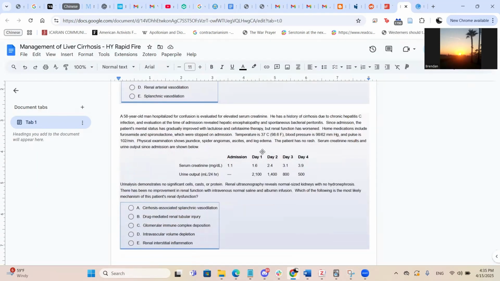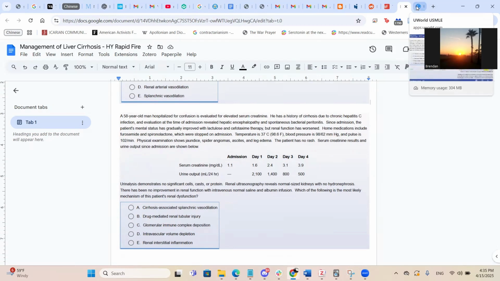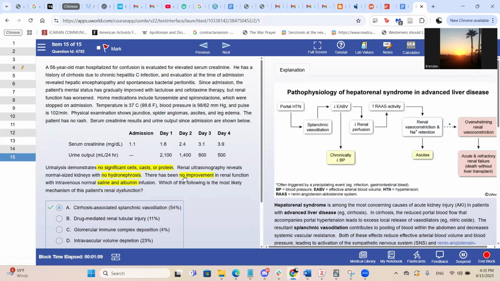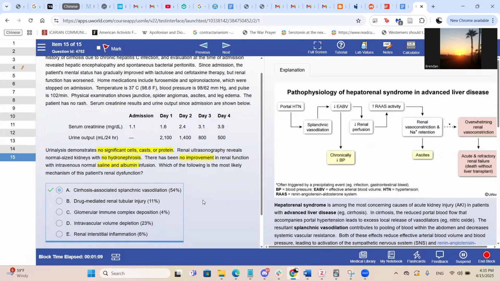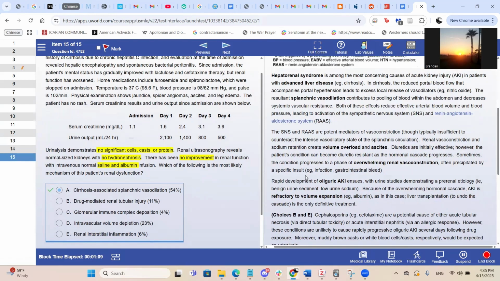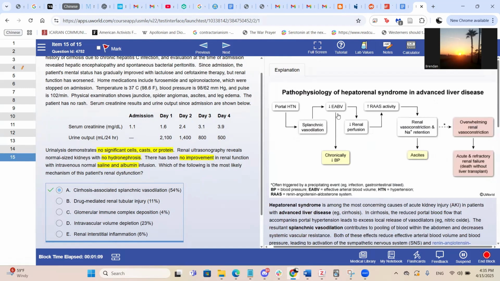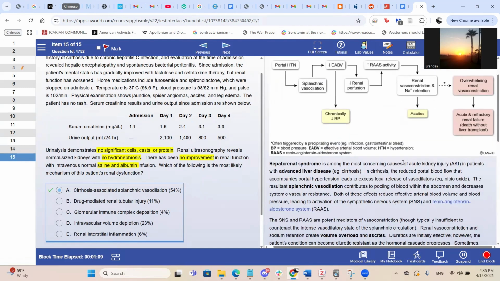All right, on to the next and last question, I believe. The answer here is similarly the cirrhosis-associated splanchnic vasodilation. This is the mechanism that's underlying both ascites and hepatorenal syndrome. If you can understand this figure, that will go a long way for these questions.